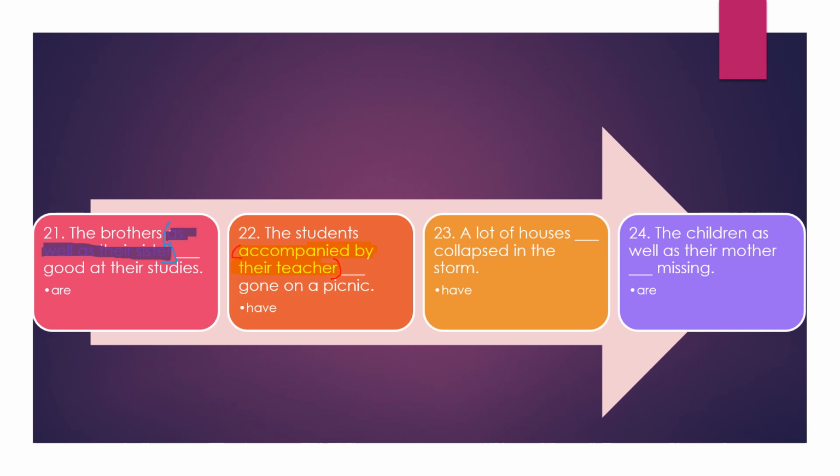Only the subject that is placed before the word accompanied by will be taken into consideration, which is students, which is a plural subject. Therefore, the verb that follows will be plural. The students have gone on a picnic.